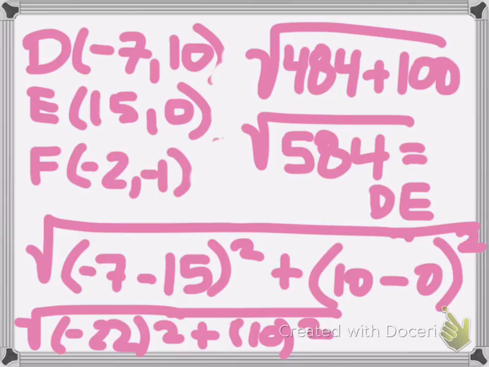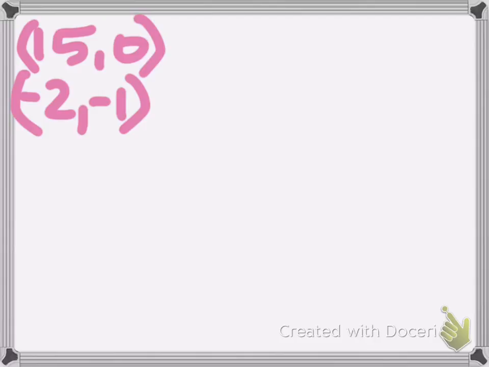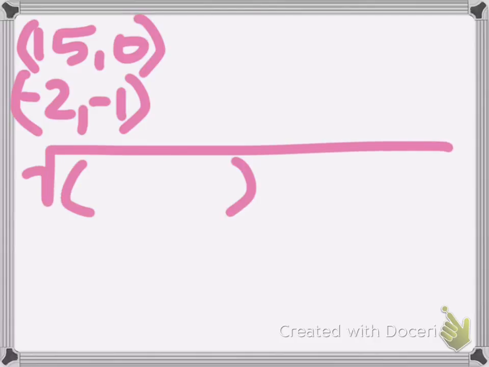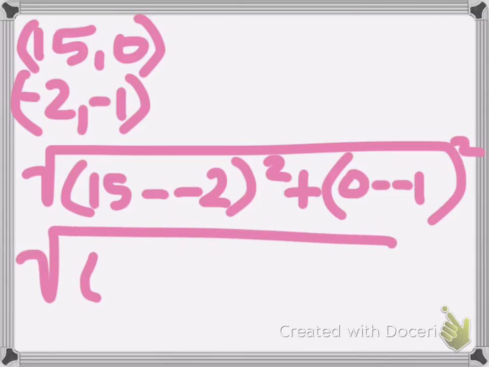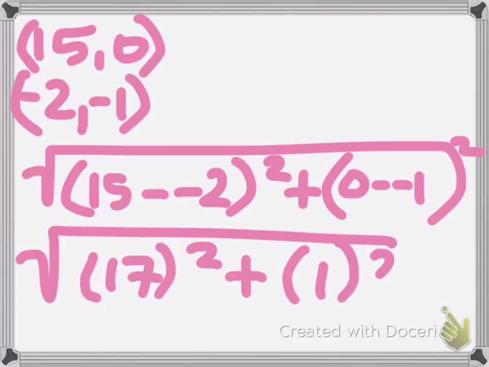Now I need to do the same thing with the next side, which would be EF. I'm just going in order. So EF, 15, 0, and negative 2, negative 1. I'm going to plug those into the distance formula. So the x's subtracted and squared, and the y's subtracted and squared, which is going to give me 17 squared plus 1 squared.